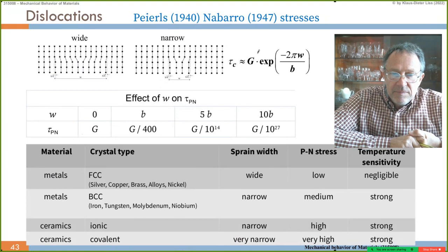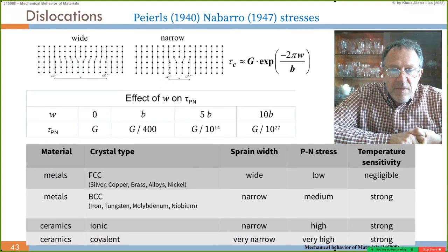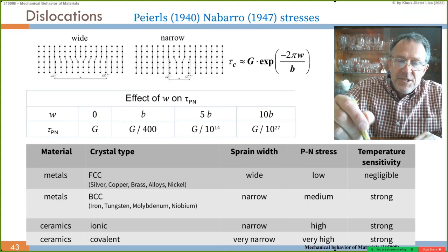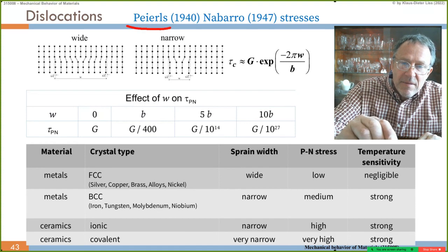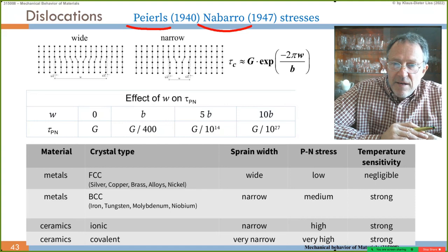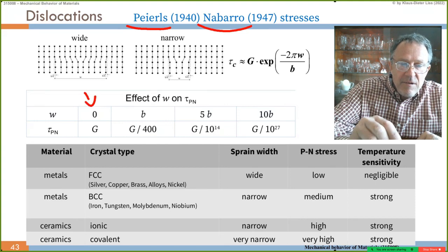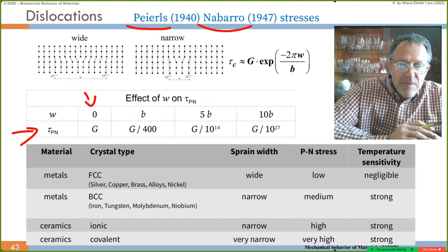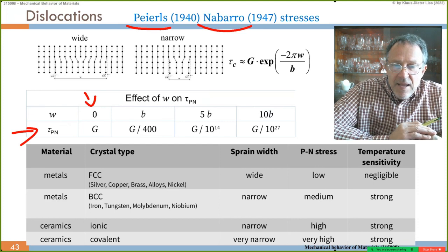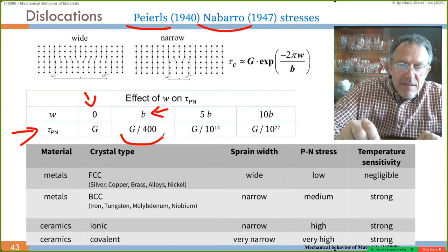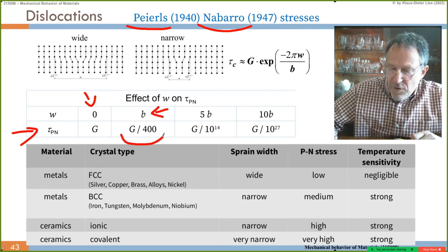Here's a table of the effect of the width on the shear stress derived by Peierls and Nabarro in the 1940s. If the width is 0, then the shear stress will be G. If the width is approximately b, then it will be G over 400.